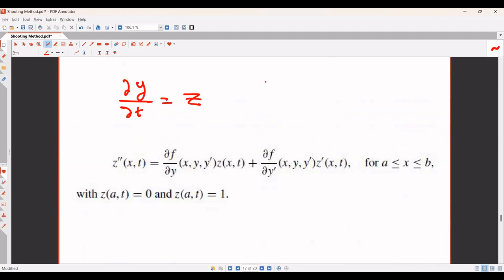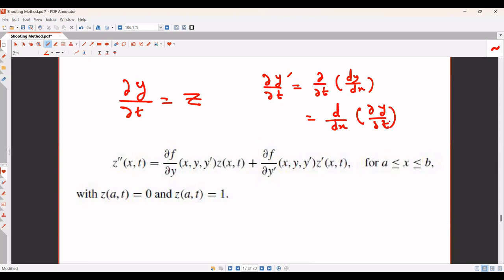So what happens is when you differentiate ∂y'/∂t, which actually means ∂/∂t of dy/dx. Since t and x are basically independent, we can simply write d/dx of ∂y/∂t.